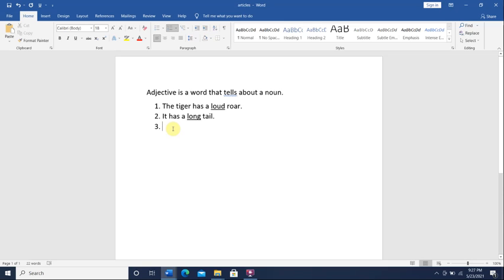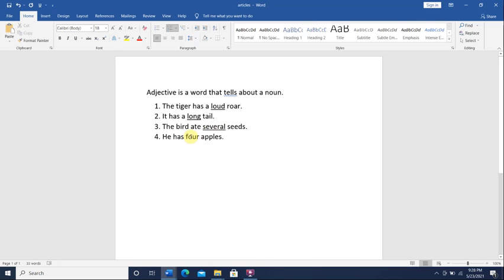We also revised yesterday, in the homework, that adjectives can be in numbers. You can tell how many. We can say the bird ate several seeds. Several is an adjective that tells how many, right? Or I can say he has 4 apples.